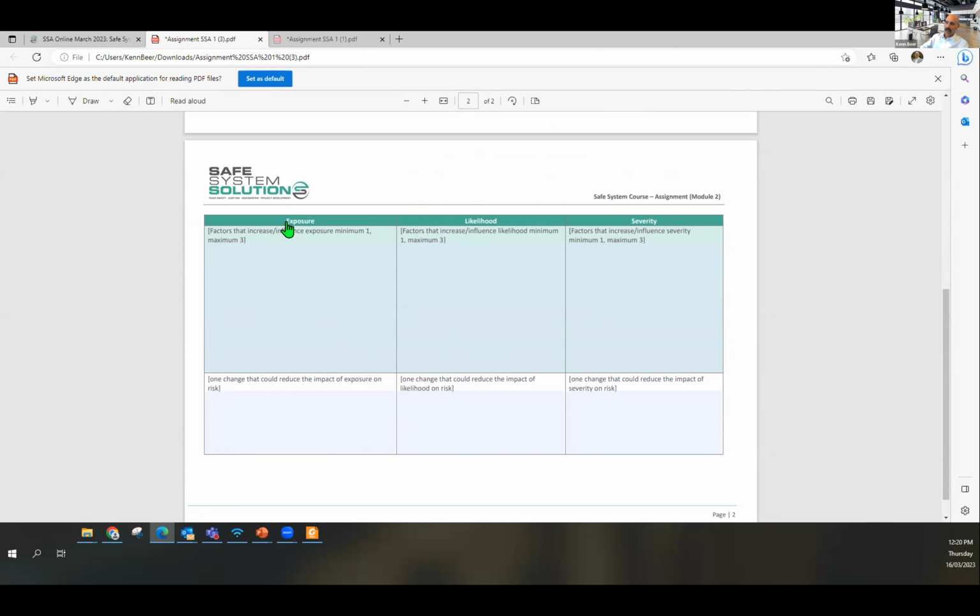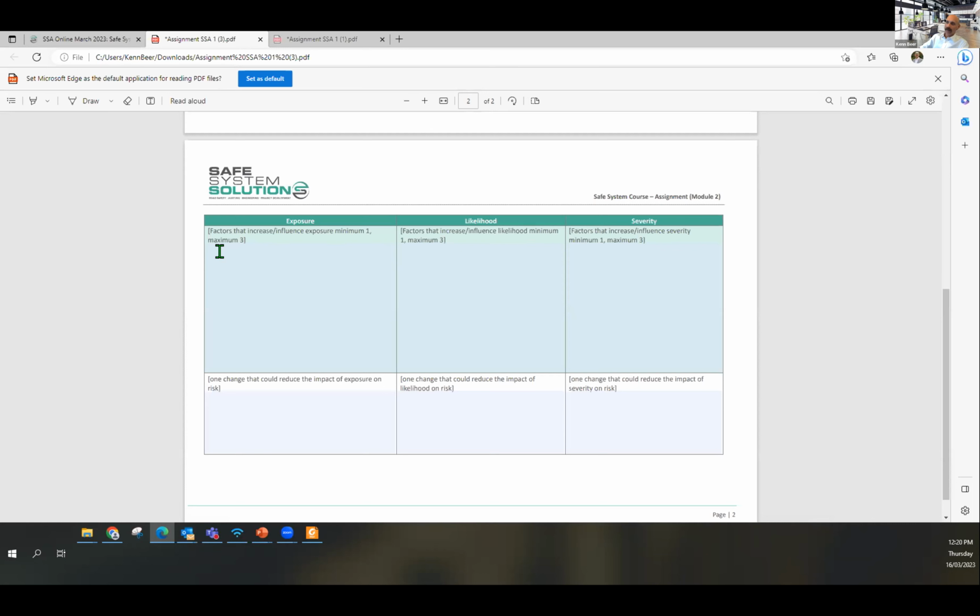What we're interested in is you categorizing things correctly in exposure or likelihood or severity. So what are factors that might increase the exposure to crashes at this intersection? What are the factors that could influence the likelihood of crashes? What are factors that could influence the severity of crashes?